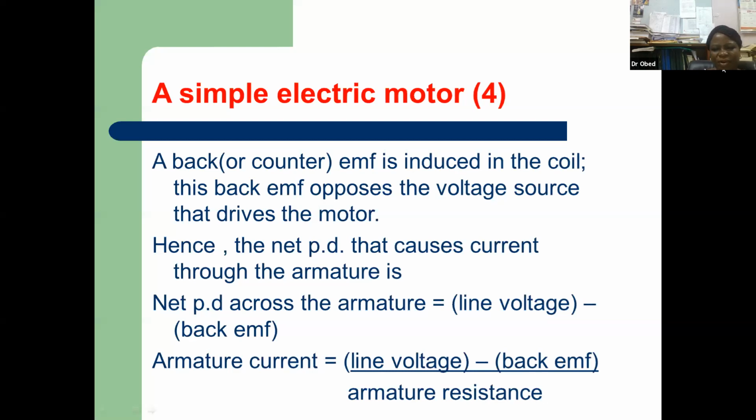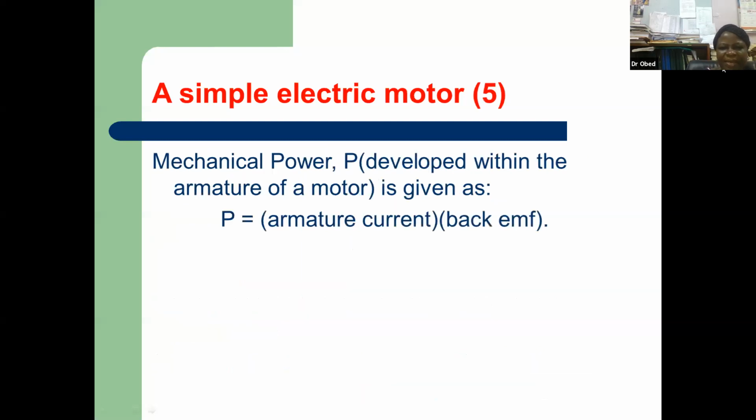Therefore, the armature current is equal to the line voltage minus the back EMF divided by the armature resistance. And the mechanical power developed within the armature of a motor is given as P equals armature current times the back EMF.